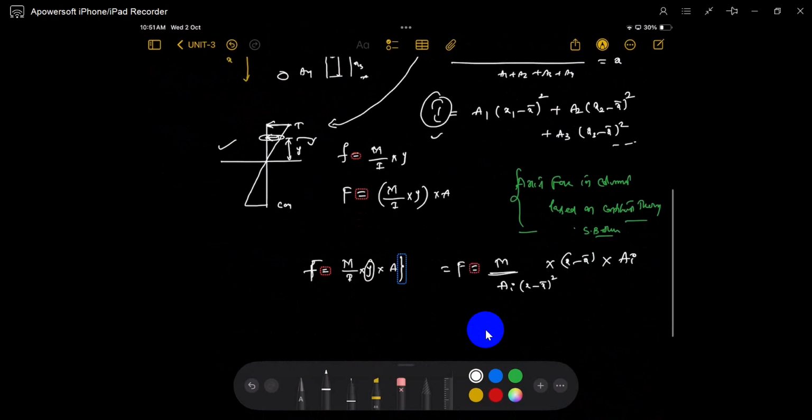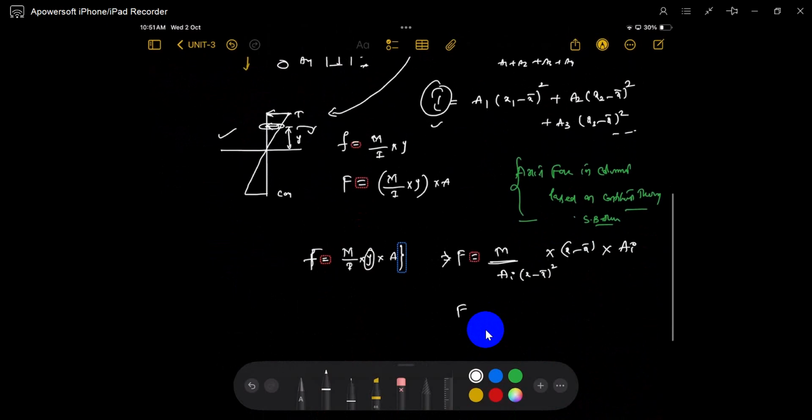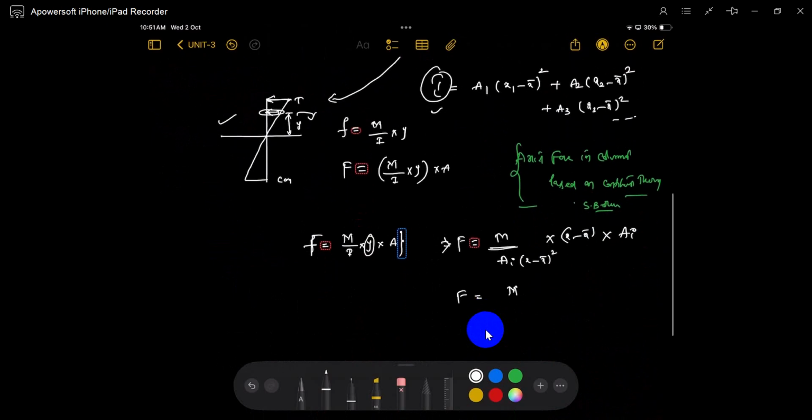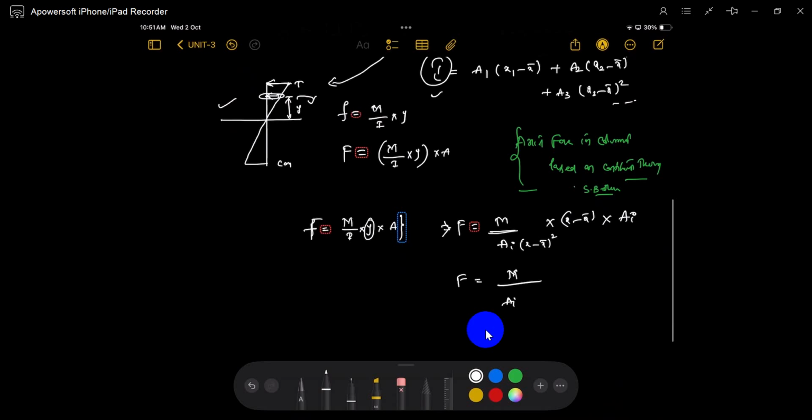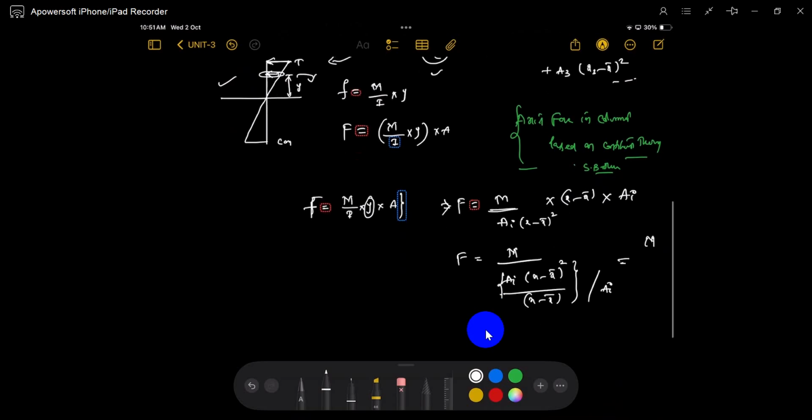This is the force in that column. So you can write it like this: area into (x minus x dash) squared, divided by (x minus x dash), divided by area. It looks like M by y.